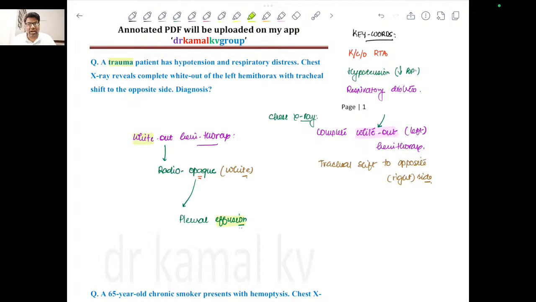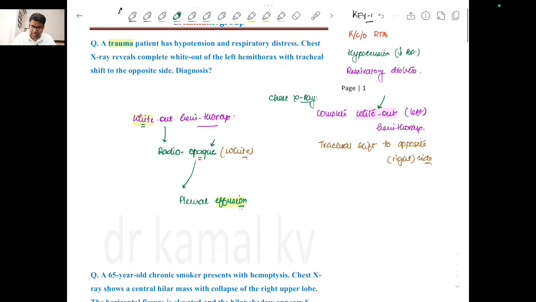All other conditions are taking you towards pneumothorax, but this is the only statement which says that no, pneumothorax is not the answer to this question. The answer is pleural effusion, right? When we see so many keywords pointing towards one particular condition, we have a tendency to mark that answer. But please correct yourself. The moment you have this word whiteout or radiopaque, think of pleural effusion, right? So, this is pleural effusion.